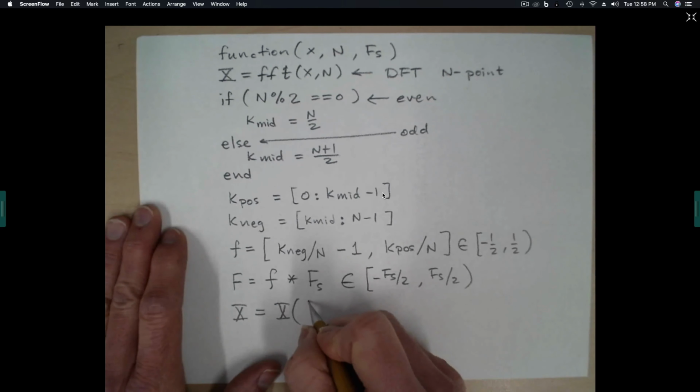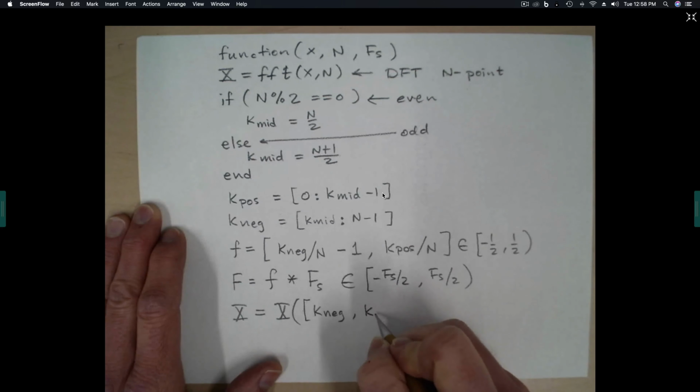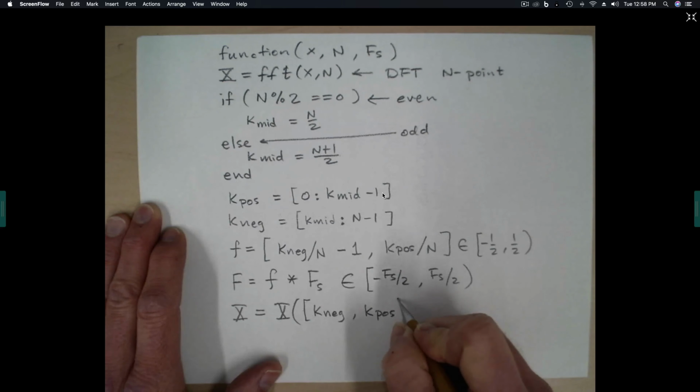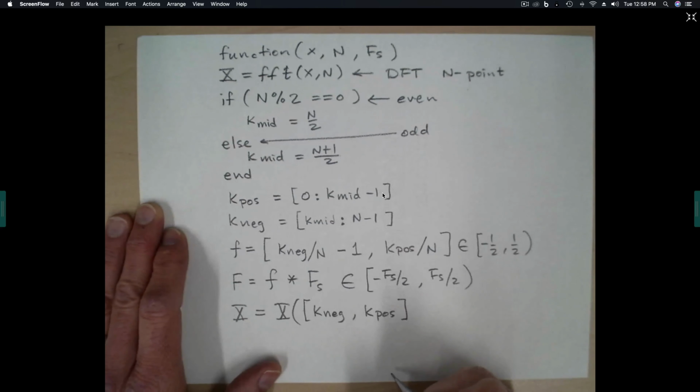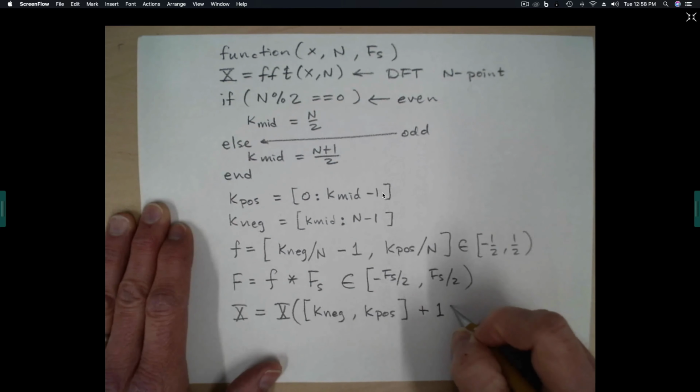So we'll do that in MATLAB by saying k negative, comma, k positive. And we would be done, except that MATLAB uses ones-based indexing instead of zero-based indexing as we've used here.